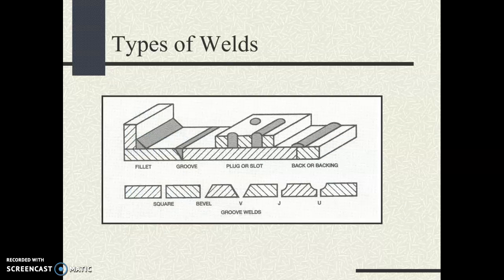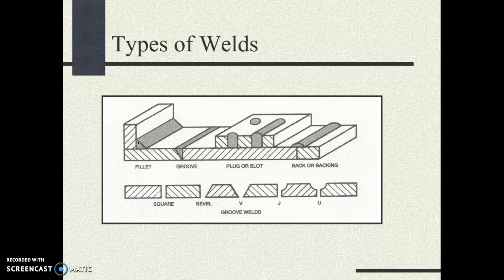So this is a good illustration that shows different joints, different welds, and how they can be used together. The first type of weld or shape of weld is a fillet, and this can be used for a corner or a T-joint. So when you have these two pieces of metal that join together at a 90-degree angle, you can basically fill in the corner with a fillet weld.